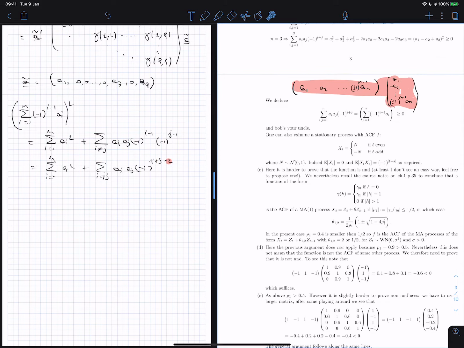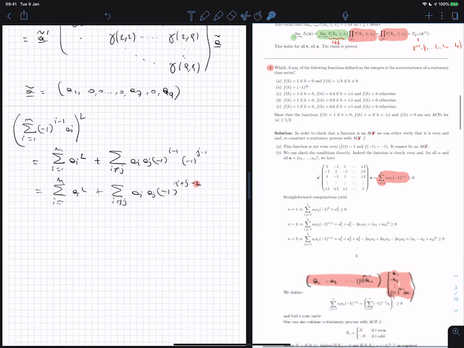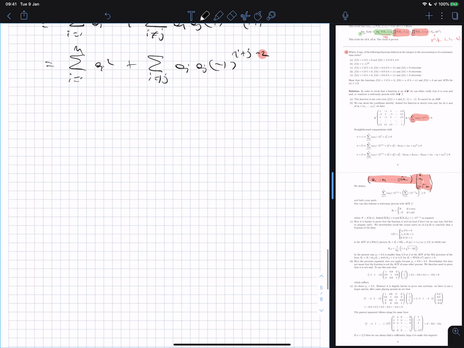So the C, question C. So what was the guy here? So in question C, the function that you have is 1 if h is 0, 0.4 if h is plus or minus 1.